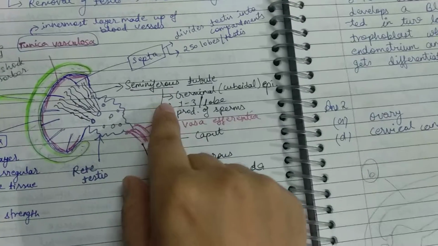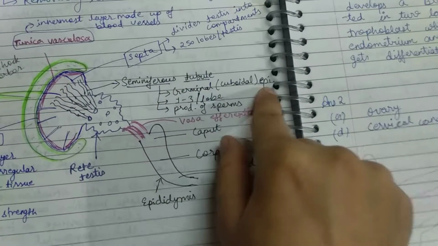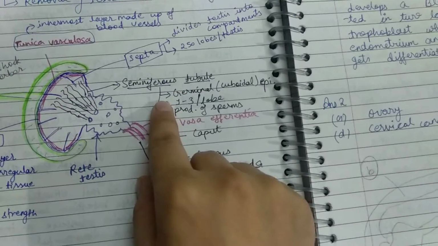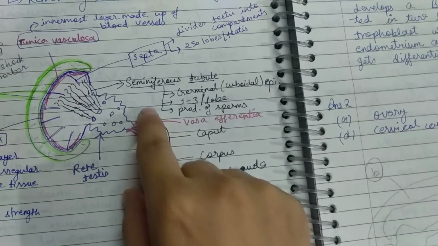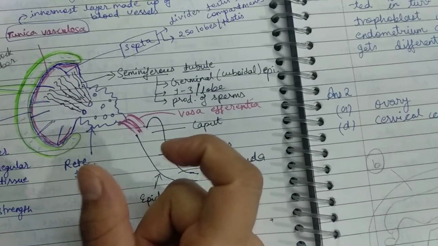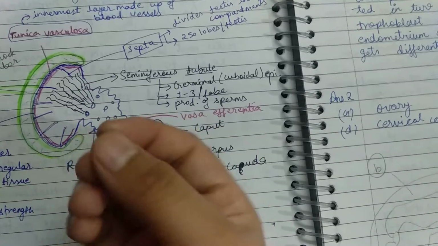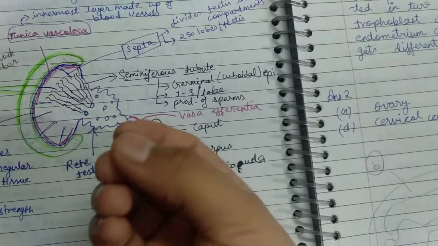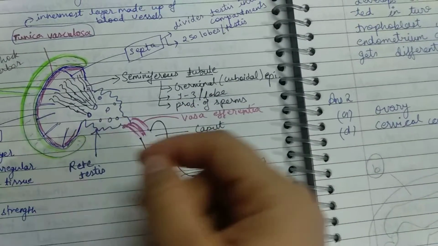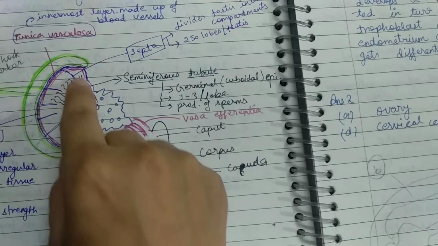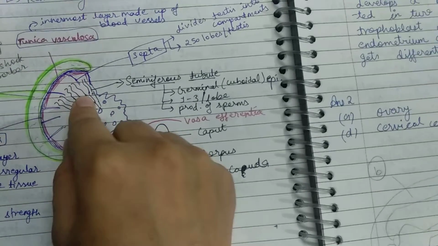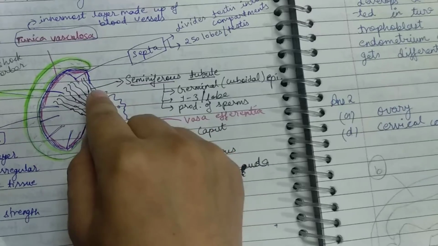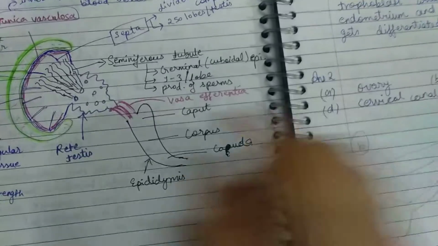They are made up of germinal cuboidal epithelium. Seminiferous tubules occur as 1, 2 or 3 per lobe. See, I have drawn here 1, 2, 3, and in this one I have drawn only 2, so it is clearly visible.